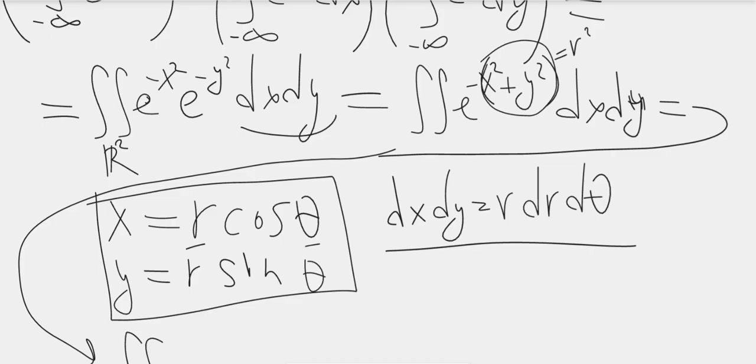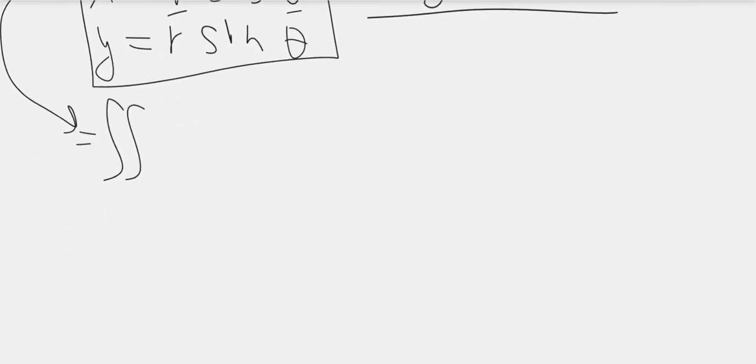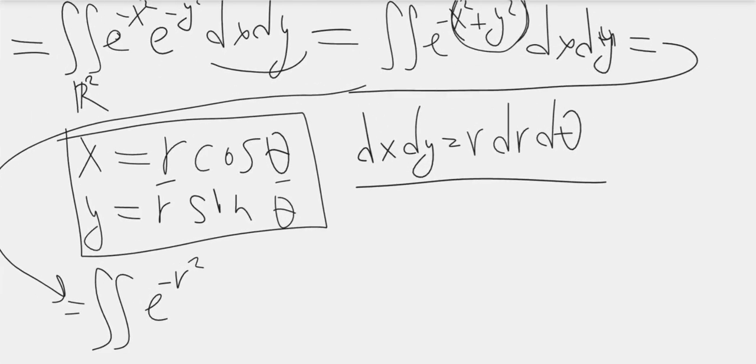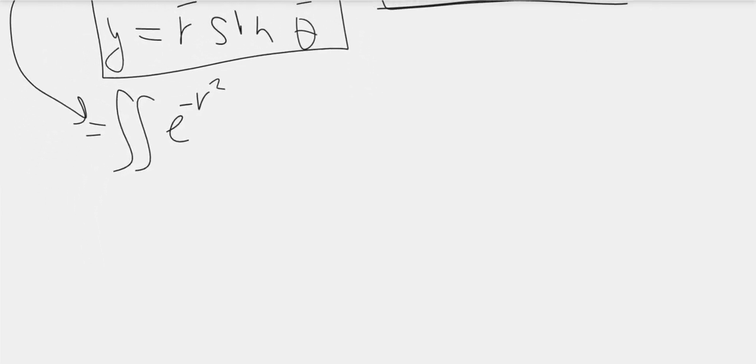So now this is equal to e to the power minus r squared, and then dx dy, which we rewrite using this formula, r dr d theta.